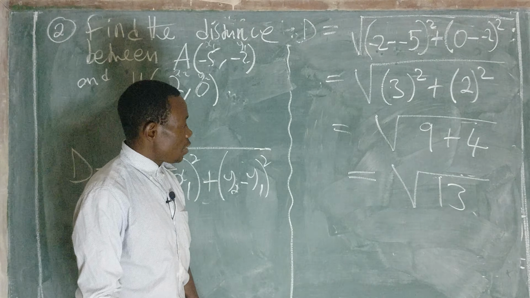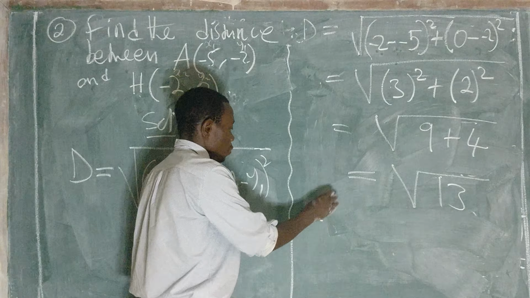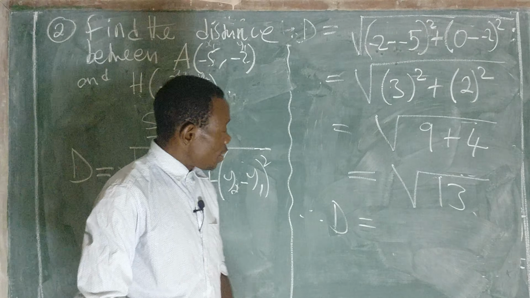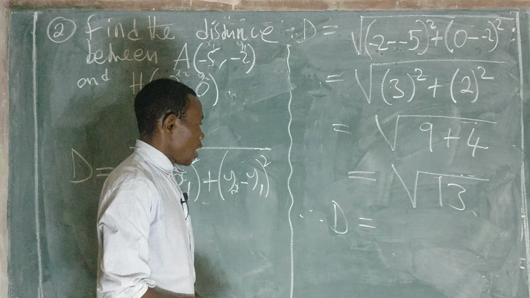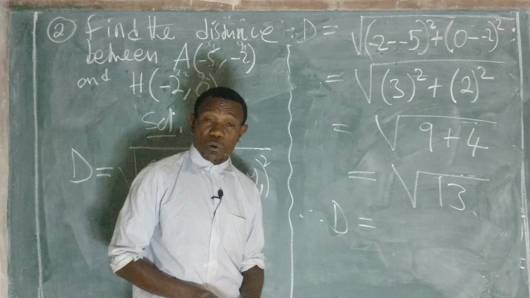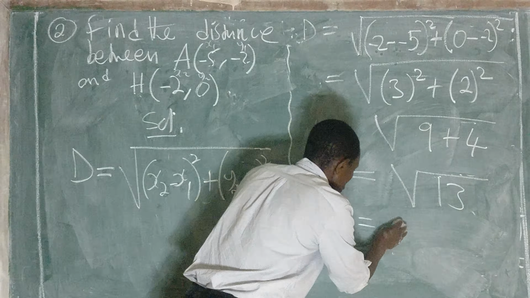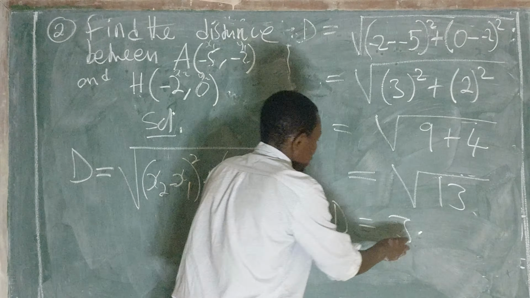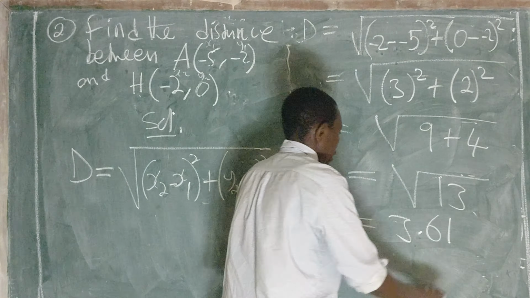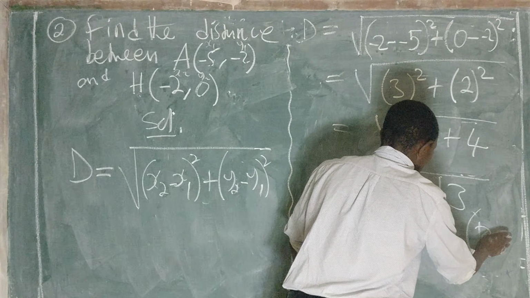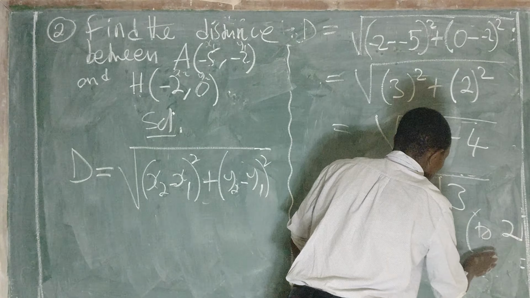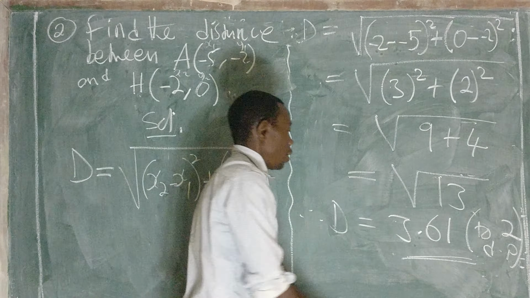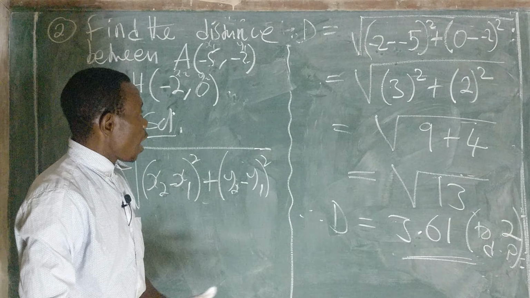So the square root of 13 in this case is equal to 3.61, and this is just expressed to 2 decimal places. So that's it that we have.